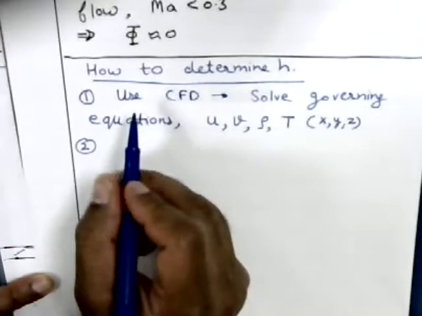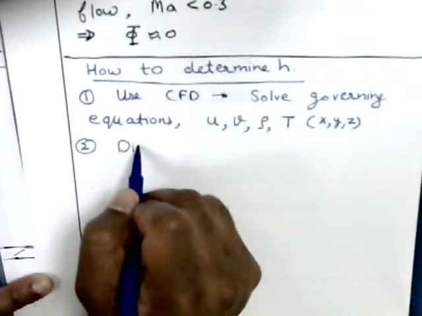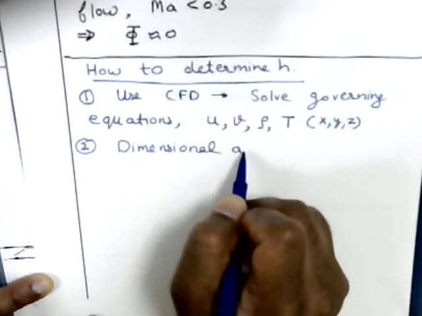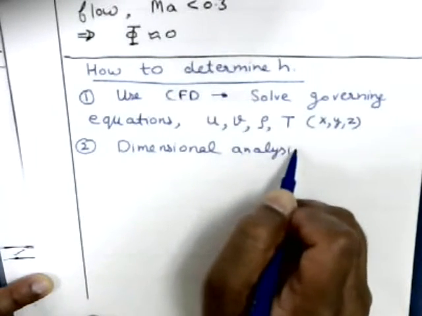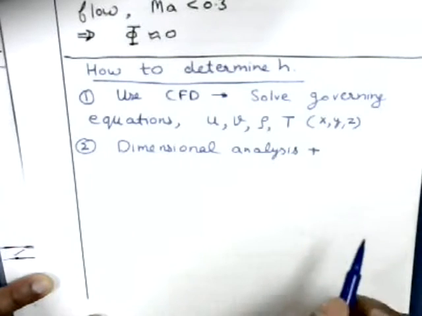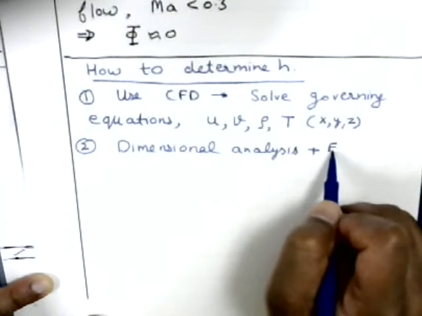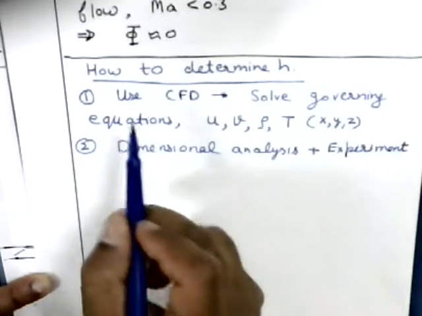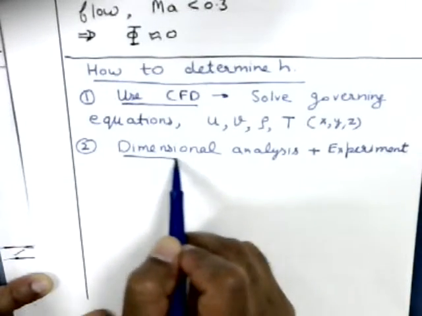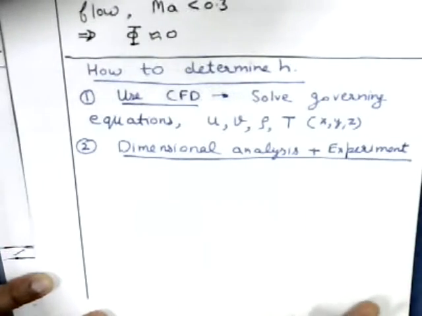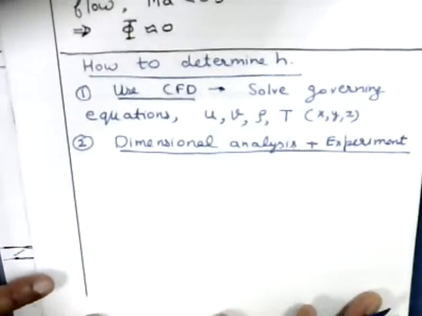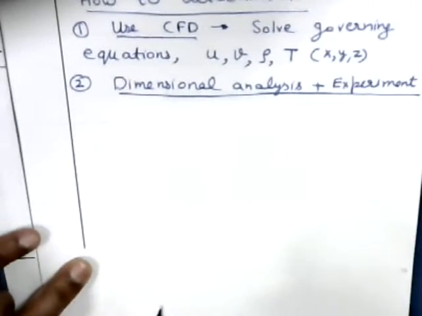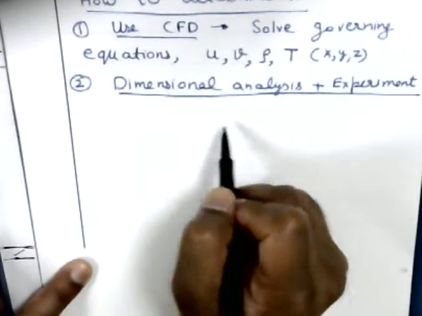Another option is we use dimensional analysis. But whenever we use dimensional analysis, we have to also do experiment. We can use dimensional analysis along with experiment to determine this convection coefficient. Okay, let me explain. For example, say the problem is we have a cylinder.